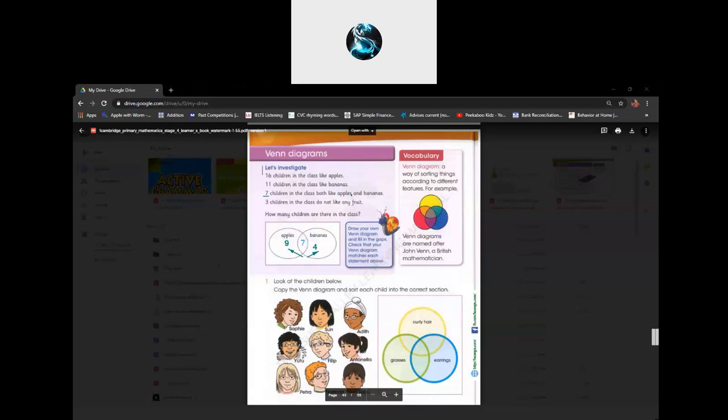So if you want to know how many people only like apples and only like bananas, you have to subtract the 7. In a Venn diagram, you would put the 16 for the apples, the 11 for the bananas, and the 7 for the middle, and then the 3 outside.